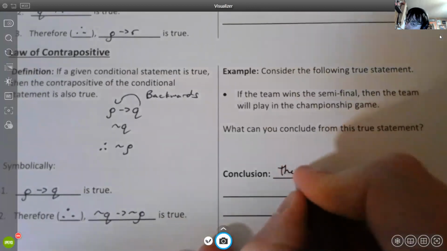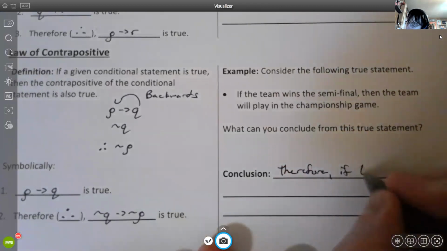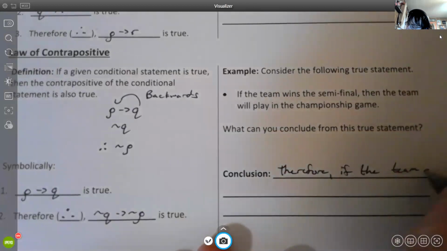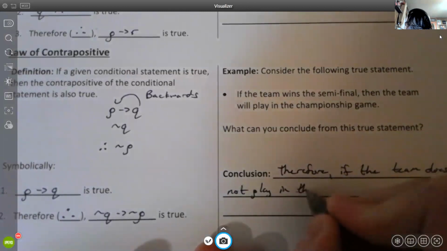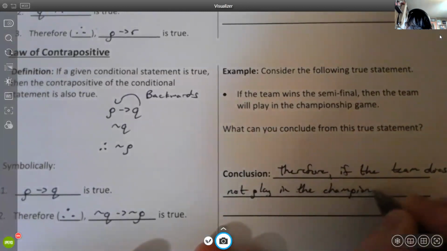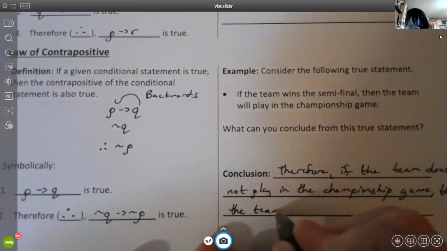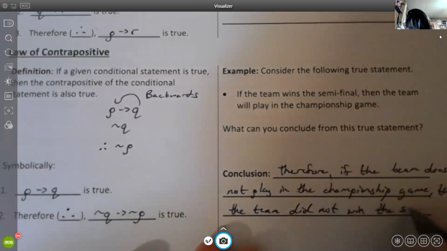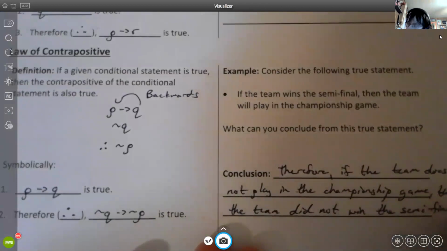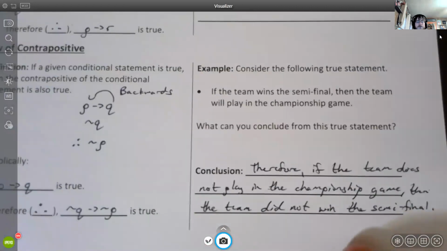So you say, therefore, if the team does not play in the championship game, then the team did not win the semifinal. So that's all the law of contrapositive states.